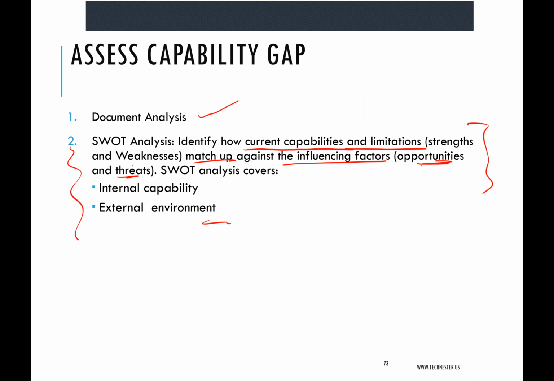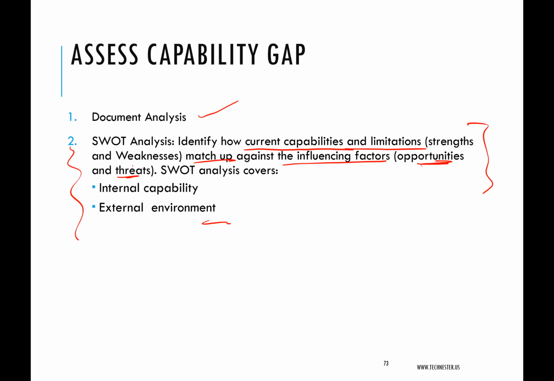What this is telling us is SWOT analysis is looking at what you can do within your own power, right? And the things that are not within your power, but are affecting you, the things you cannot necessarily control, but are affecting you. So two things: your internal capability, what is within your power, right?